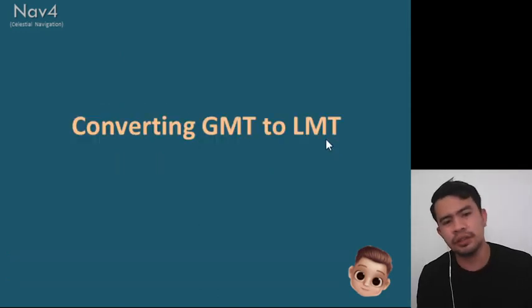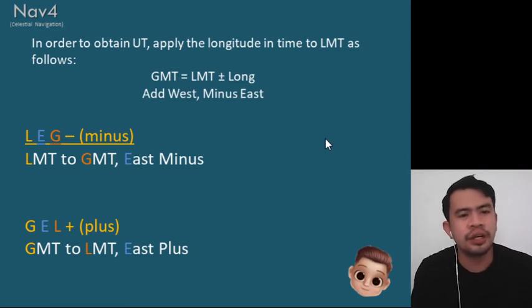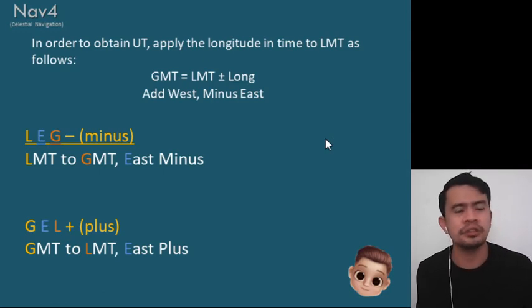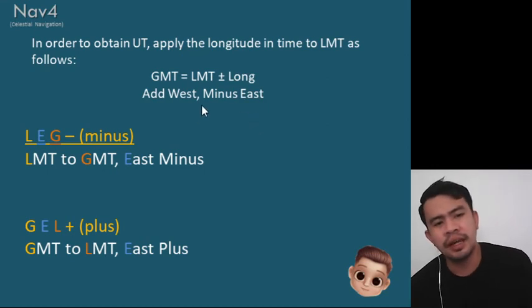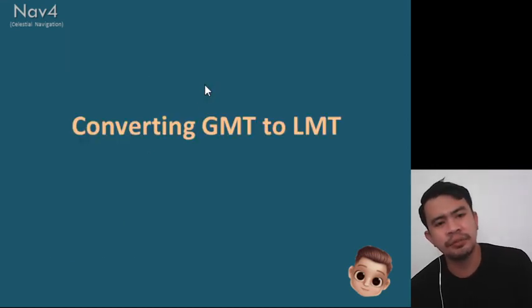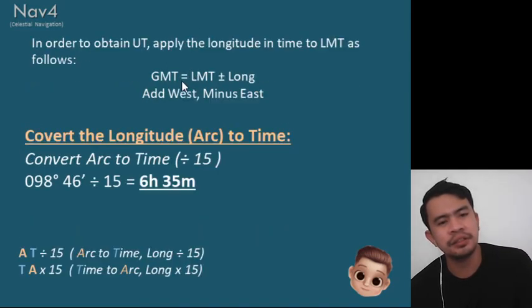Now, let's move on to converting the GMT to LMT. So, again, in order to obtain our universal time, our formula here, dahil for this time, ang hahanapin natin is GMT. Gagamitin na natin to.